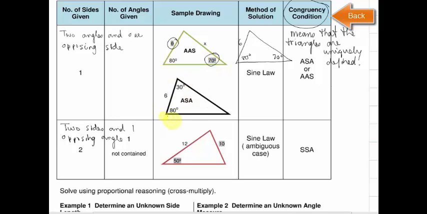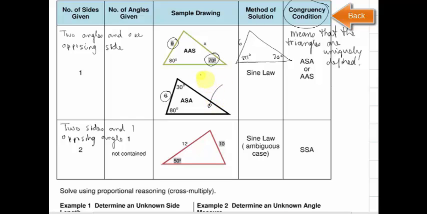Now if you take a look at the second diagram here, we have an angle, side, angle. So we have a given angle, a given side, and a given angle. And remember, it doesn't really matter which order I read it in, so angle, side, angle. But on this one here, I have a side of 6, but I don't have an opposing angle. But because I already know two angles in this triangle, I can easily work this one out, right?